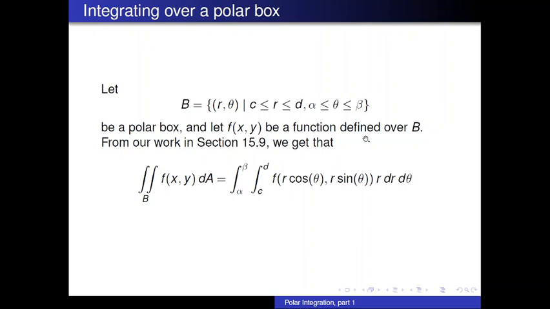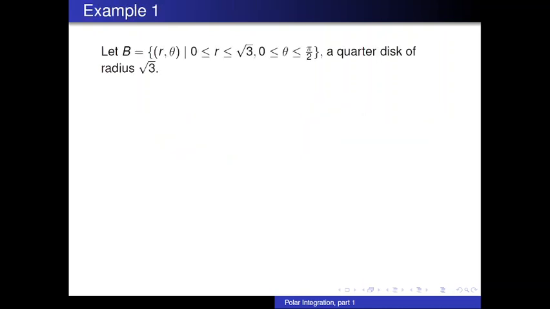All right, so I guess it's time for an example now that we have the formula at hand. Let B be the polar box where the radius r goes between 0 and the square root of 3, and the angles theta go between 0 and pi over 2. This shape is a quarter disk of radius the square root of 3. I think you might remember this.